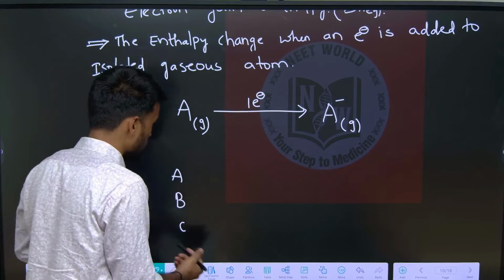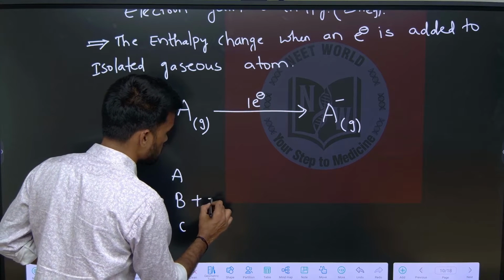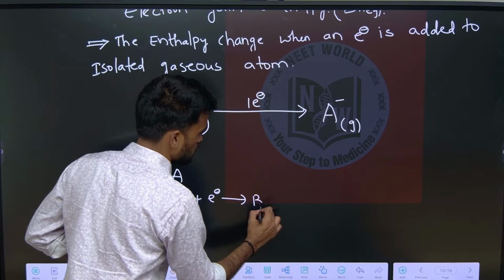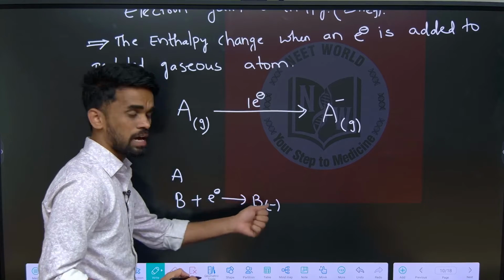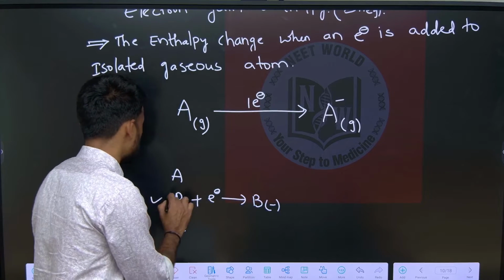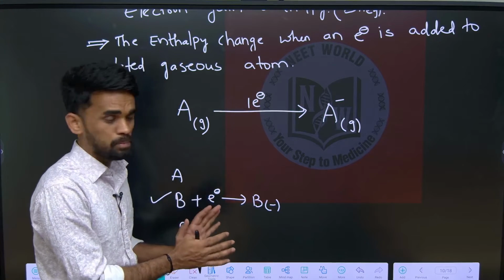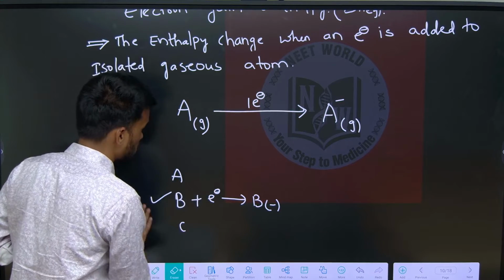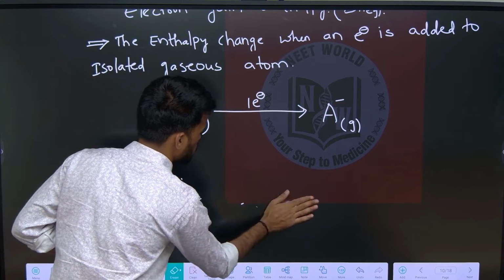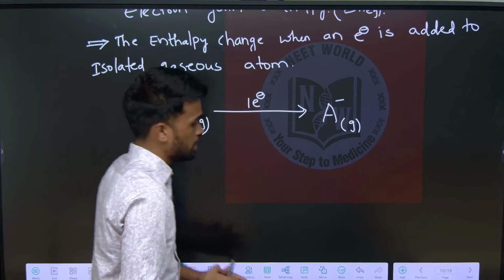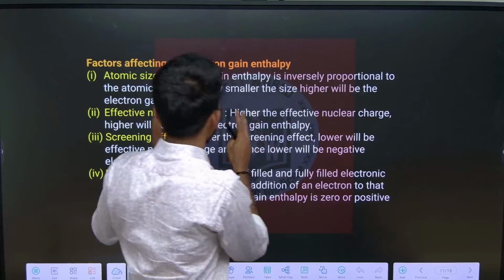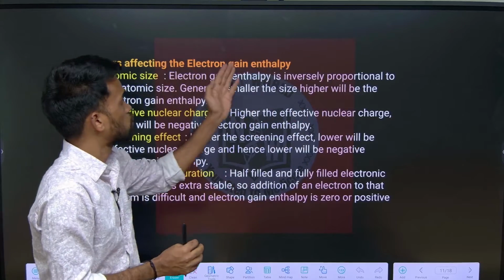For example here, if I give an electron to this, it will become B minus. If it has a more negative value, I can consider B to have more electron affinity. We will see some examples after seeing the factors affecting this electron affinity or electron gain enthalpy.